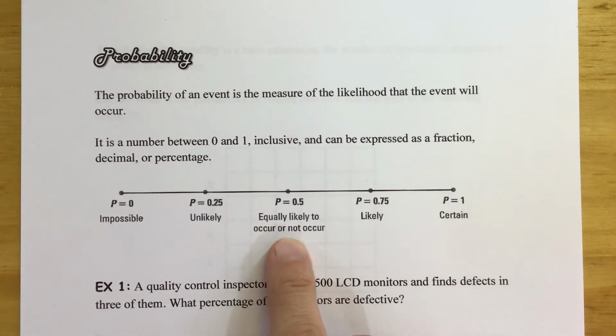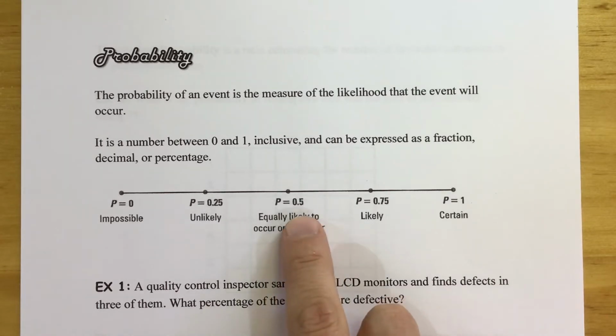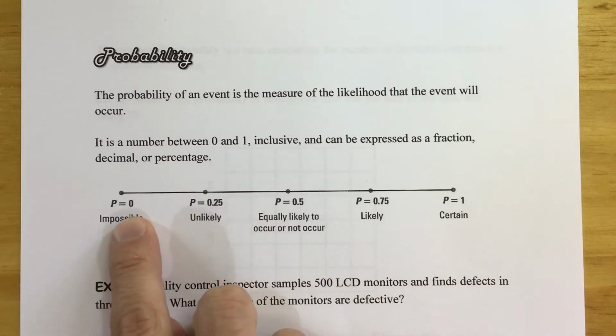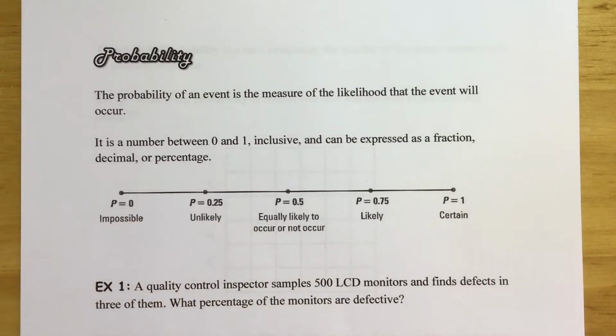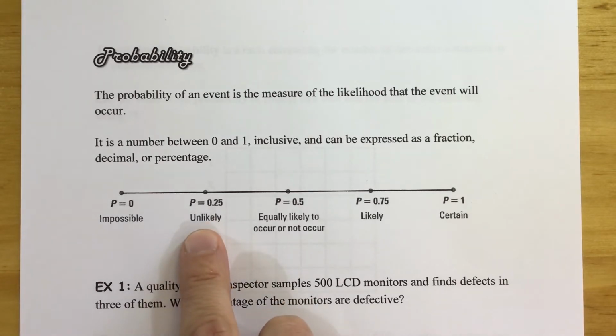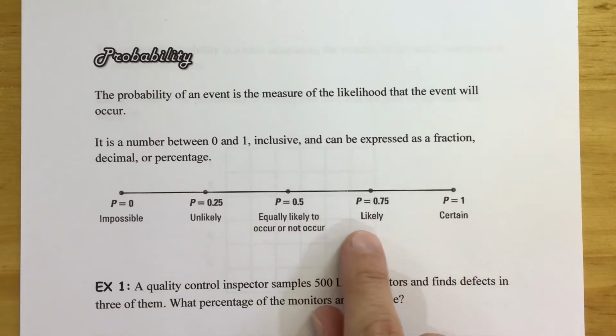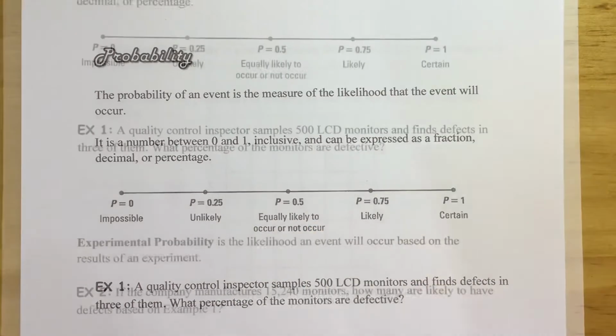So that would be a 50-50 or a 0.5 probability. As you go to the left here, closer to 0, the probability decreases towards the number 0. Depending on the circumstances, you could have a lesser probability. In the other direction, you are increasing towards 1, so it becomes more likely.